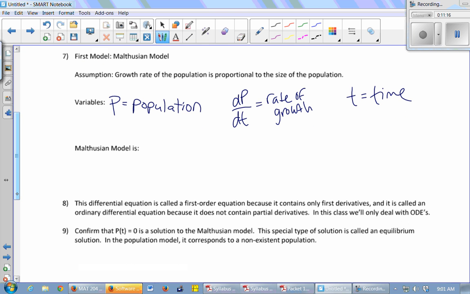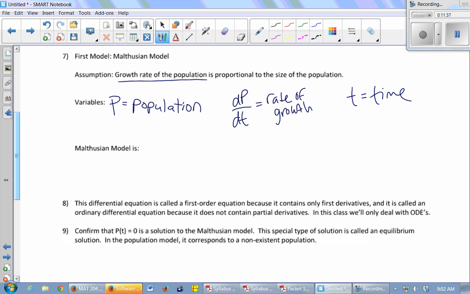Okay, so I want to take this very simple, very basic assumption, that a population grows faster as it gets bigger, that the growth rate is proportional to the size of the population. How can I translate that into an equation? Try to go piece by piece.